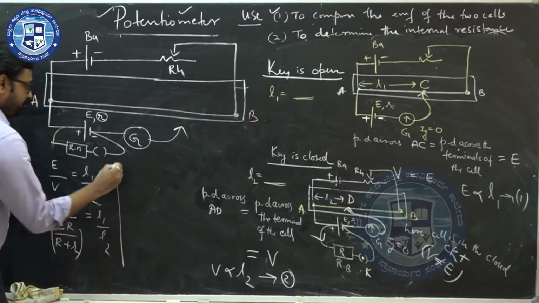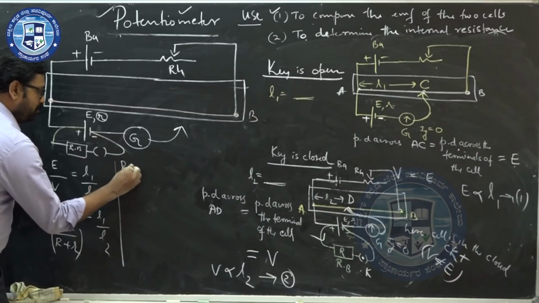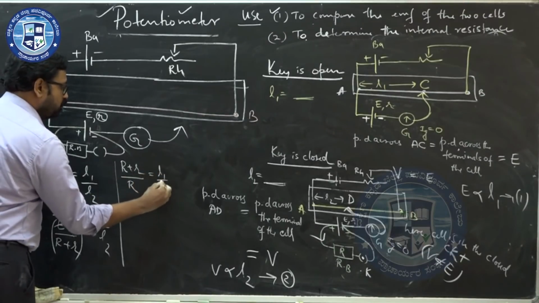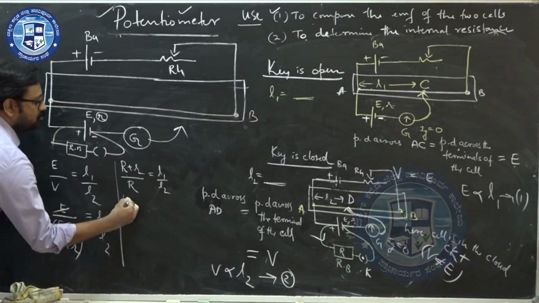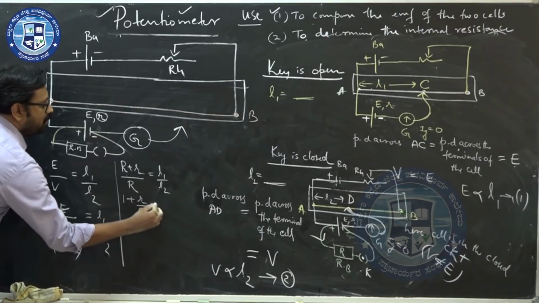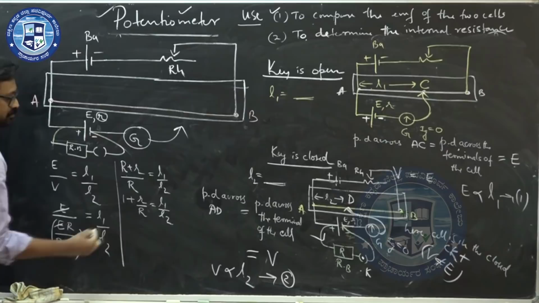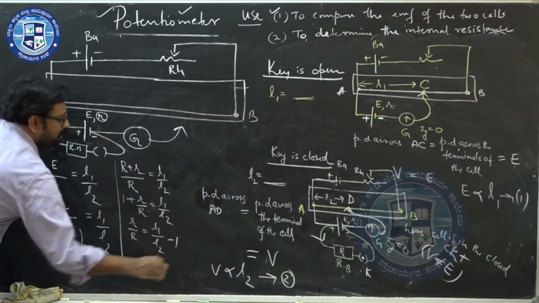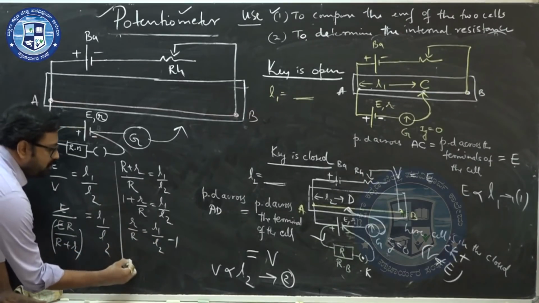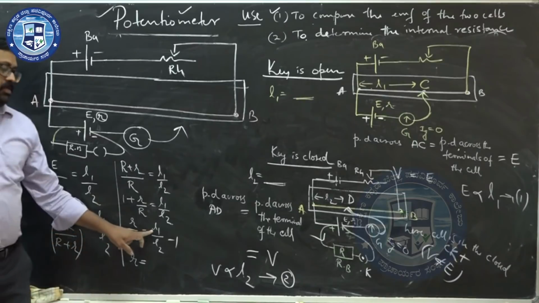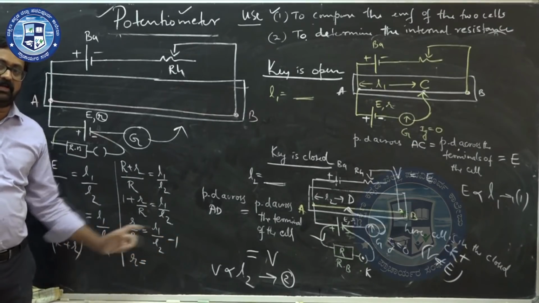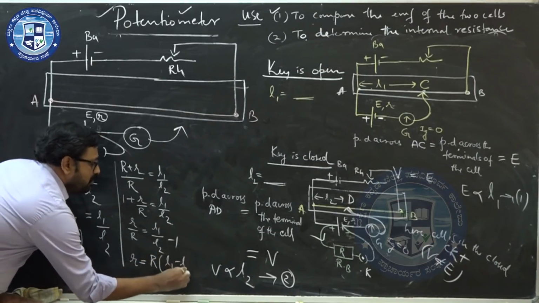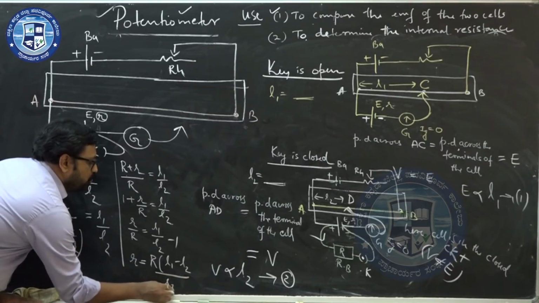If I continue here, you will get capital R plus small r by capital R equal to L1 by L2, right? Or this can be written as 1 plus small r by capital R is equal to L1 by L2, correct? Or small r by capital R is equal to, shifting 1 to the other side, L1 by L2 minus 1, correct? Or if I take a common denominator and cross multiply, small r equals capital R into L1 minus L2 divided by L2.